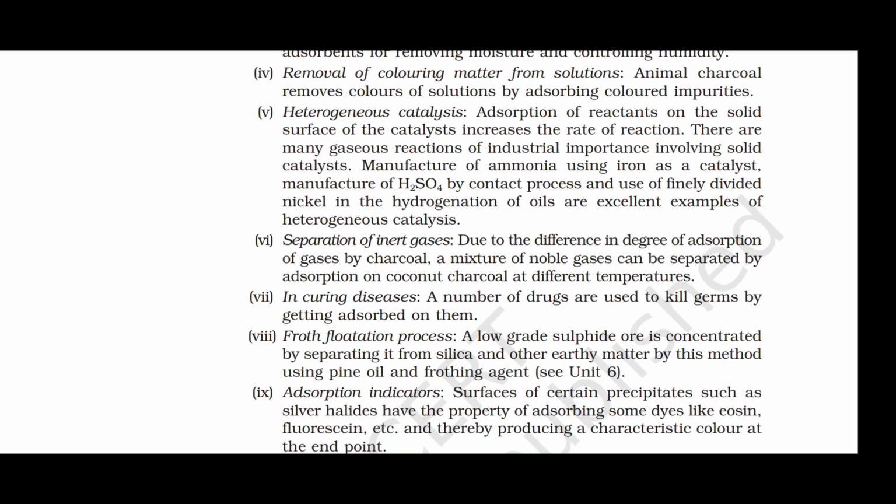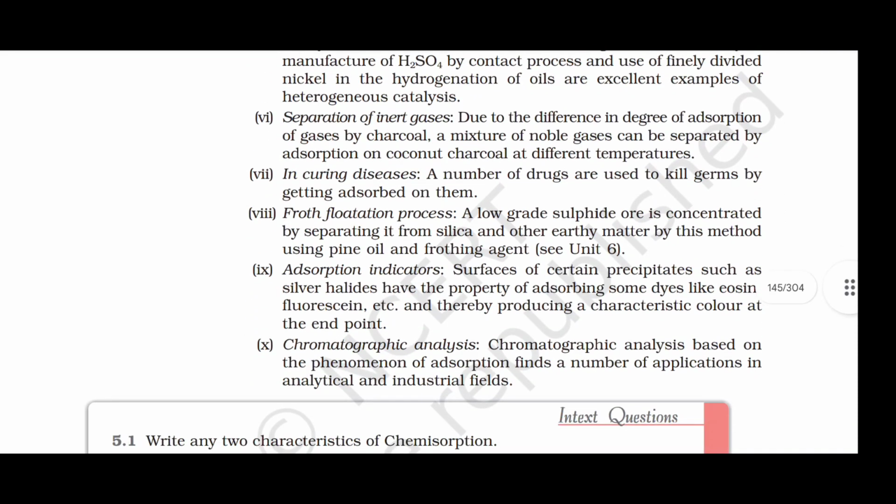Eighth, froth flotation process. A low-grade sulphide ore is concentrated by separating it from silica and other earthy matter by this method using pine oil and frothing agent, as you can see in Unit 6. Ninth, adsorption indicators.